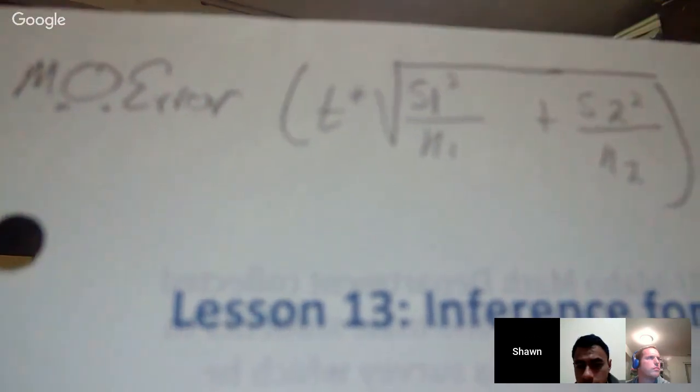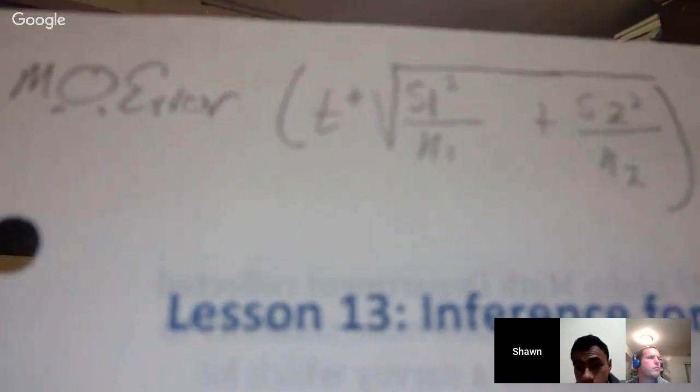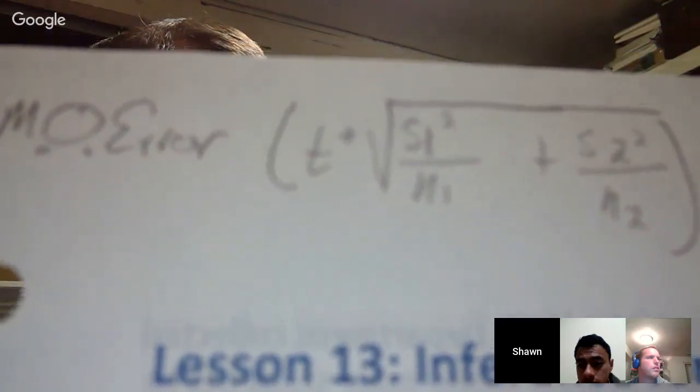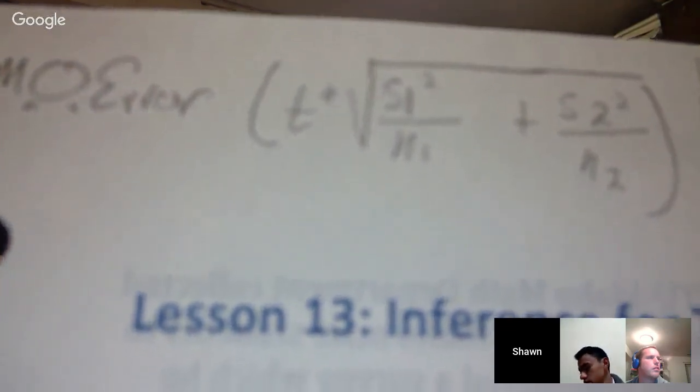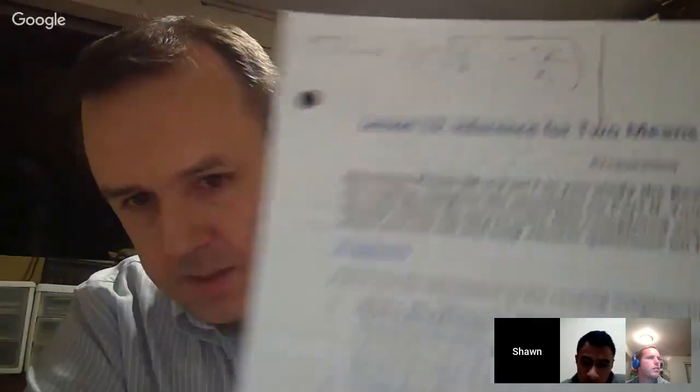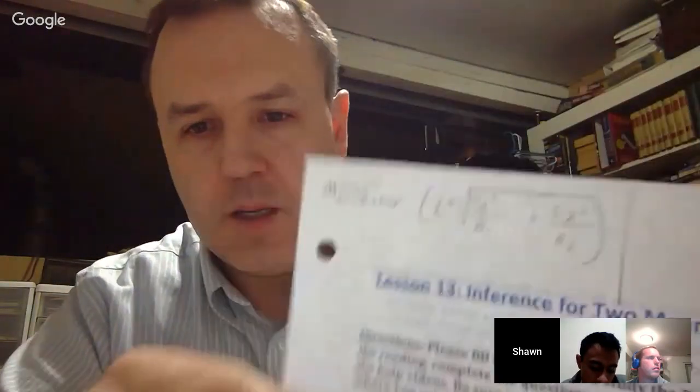Two multiplied by the square root of s1 squared divided by n1 plus s2 squared divided by n2.